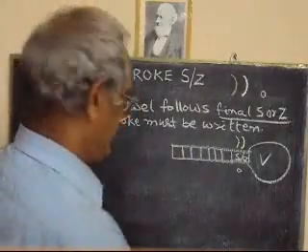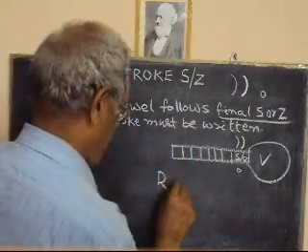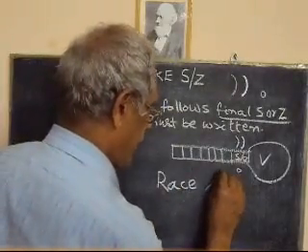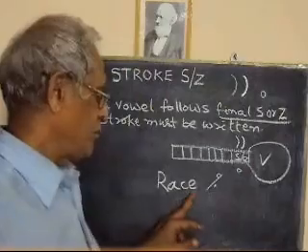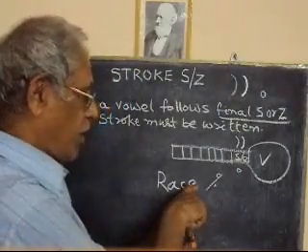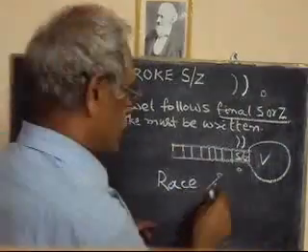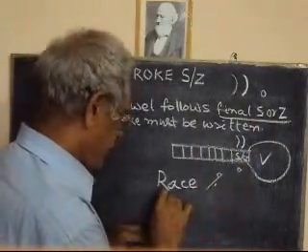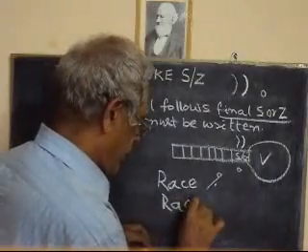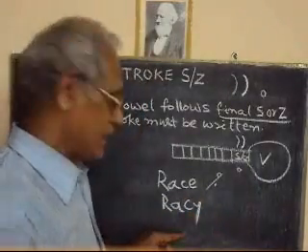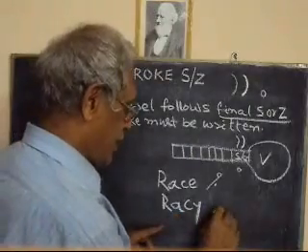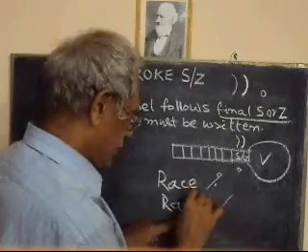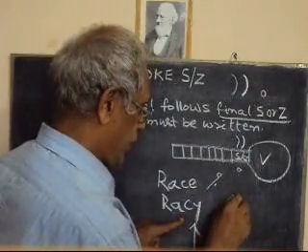Let us see the example. Race. Simply race, because after this there is no vowel, so you can safely write the circle. But racy: R, A, S, E. Because there is a vowel, you will have to write the stroke.